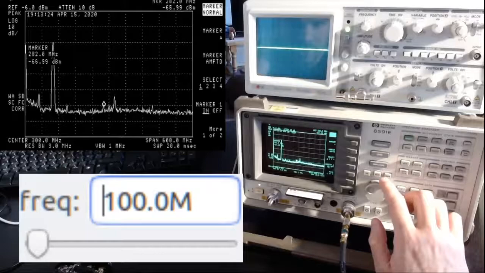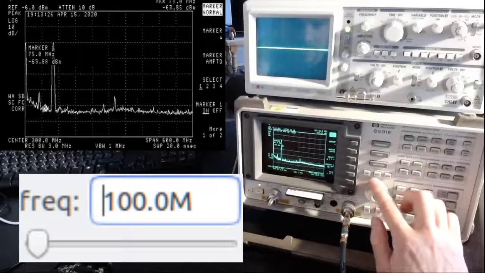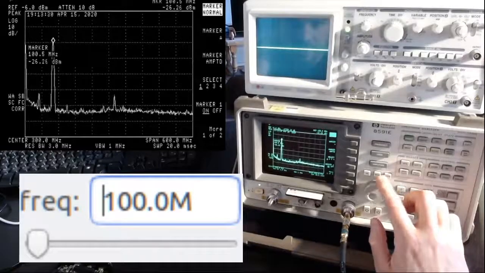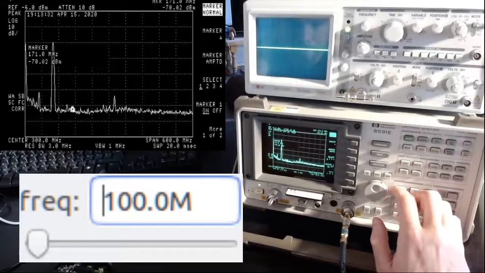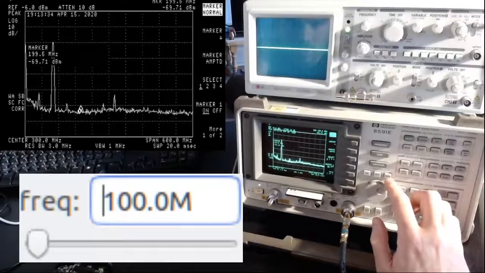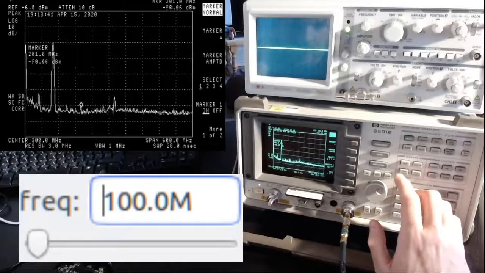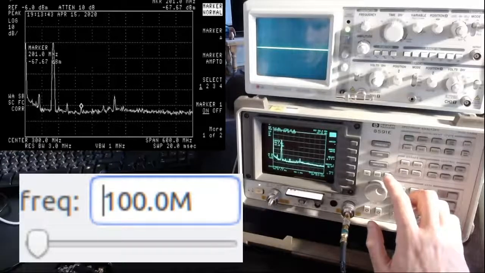The harmonic is, so let me see, yes, this is our 100 megahertz. The harmonic at 200 is not present, or it's very attenuated, so this is basically 40 dB down. 4 divisions down means 40 dB.